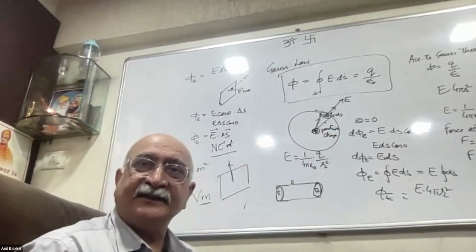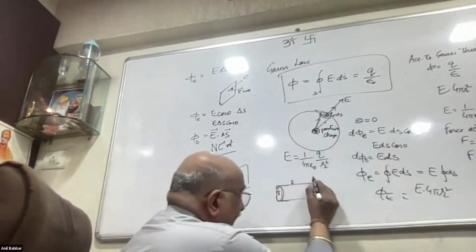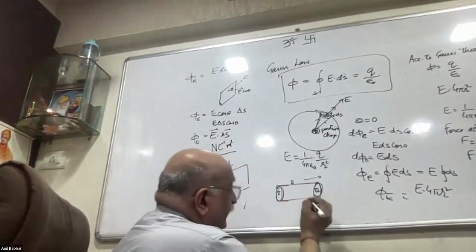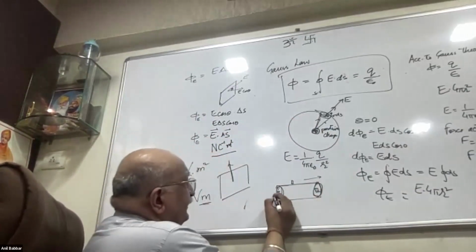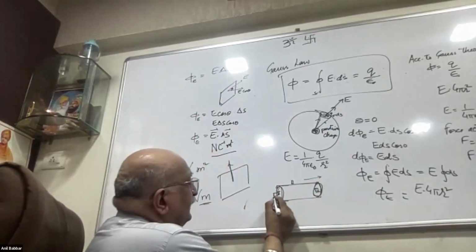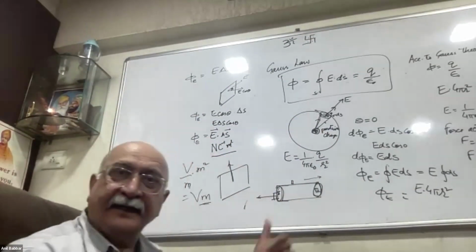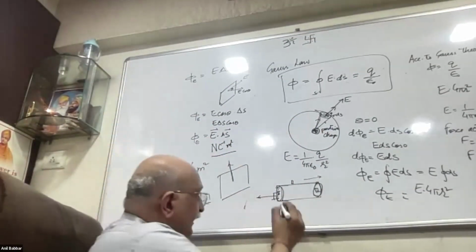Let's say the direction of the electric field is in this way. For the first surface, this is its area element, and the electric field goes against it.